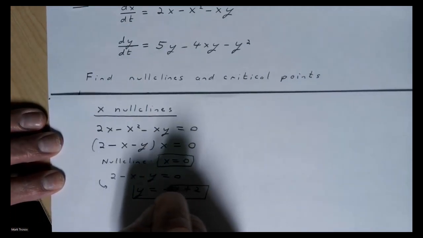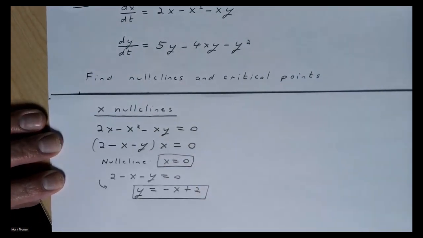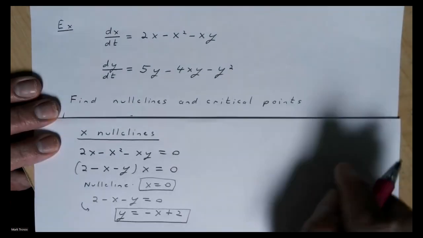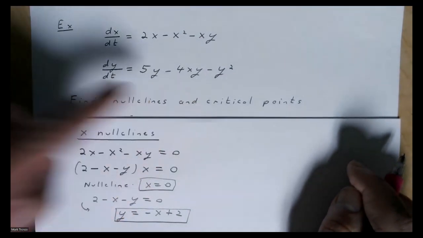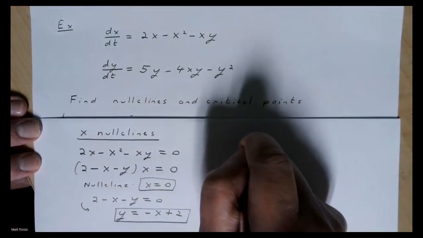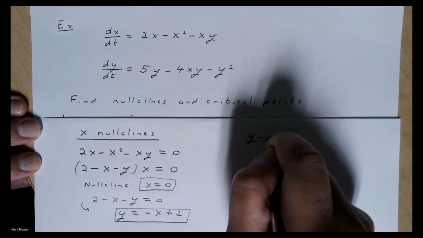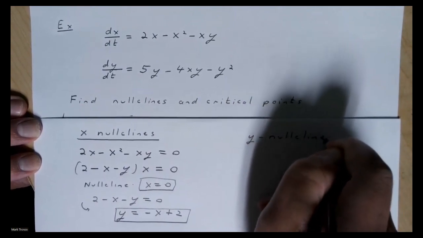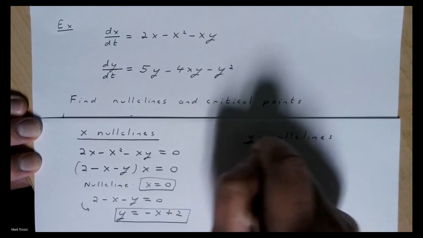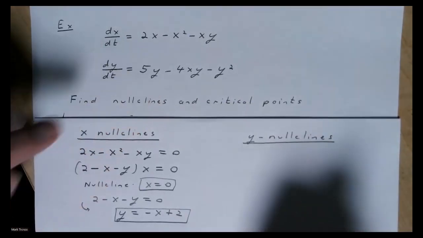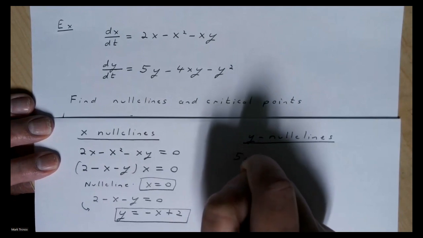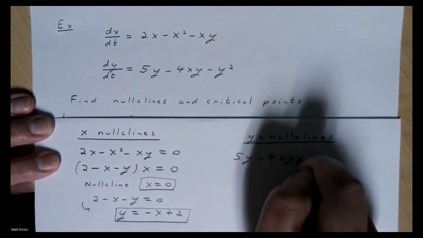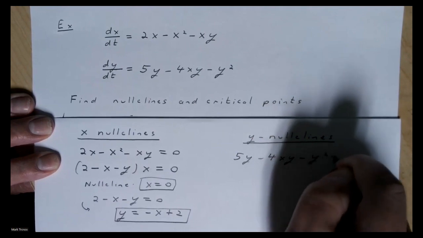And we're going to plot these in a minute. And then we'll have our y nullclines, and they're found by setting this equation equal to 0. So it'll be 5y minus 4xy minus y squared.